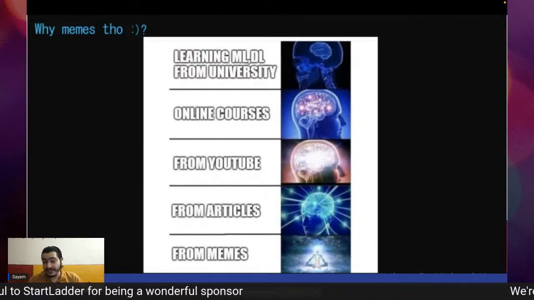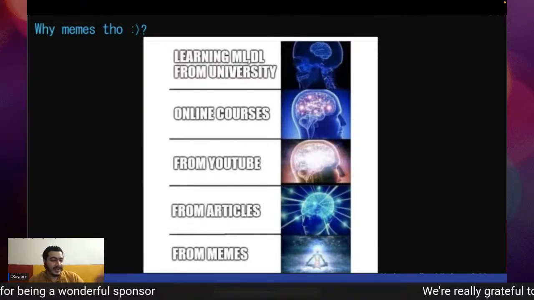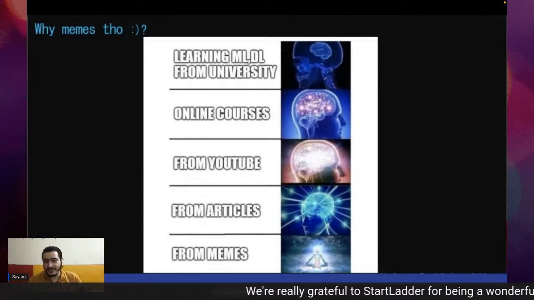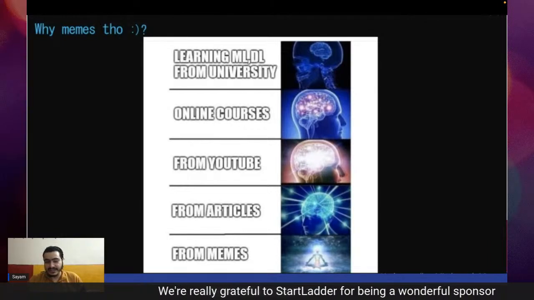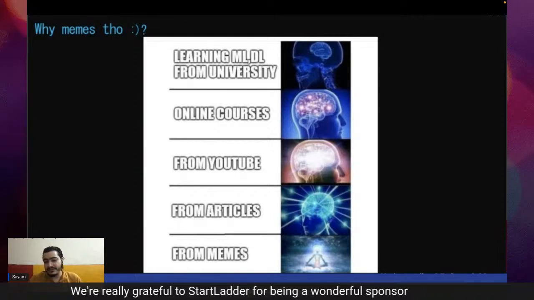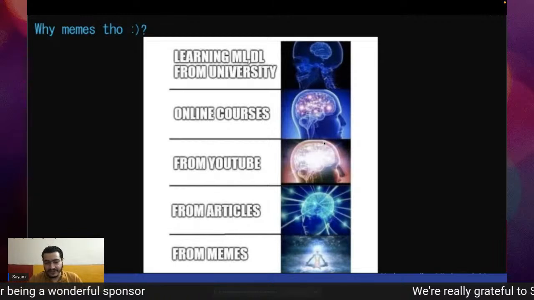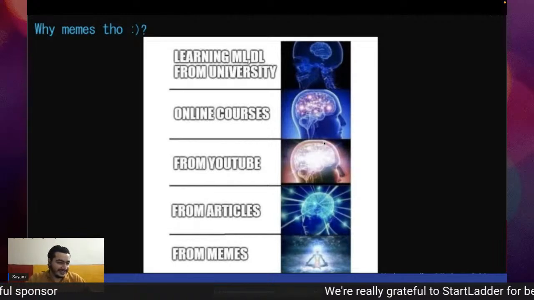The good thing is there are many different resources. The bad thing is there are so many that it may take some time to find a good resource that can get you started with machine learning. So the best would be the memes, have fun and then enjoy the learning.